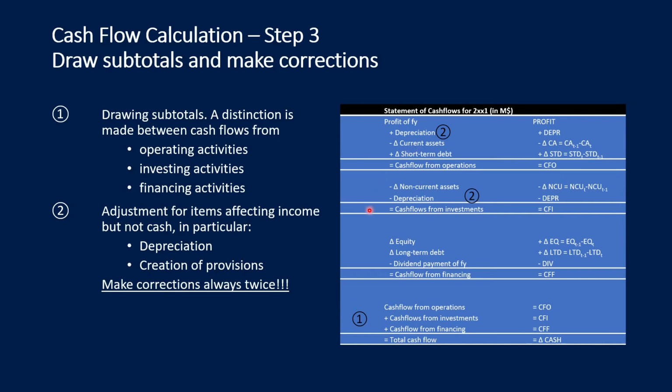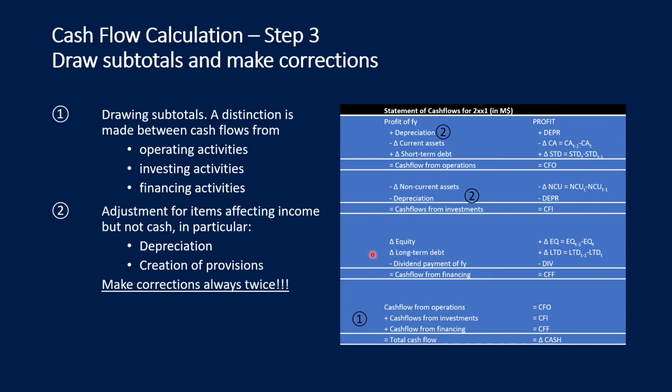What is the cash flow from investments made of? Mainly what we can invest in. So the non-current assets like machinery, real estate, stuff like that. So the change in non-current assets makes up the cash flow from investments. Again, depreciation we talk about in a few seconds.